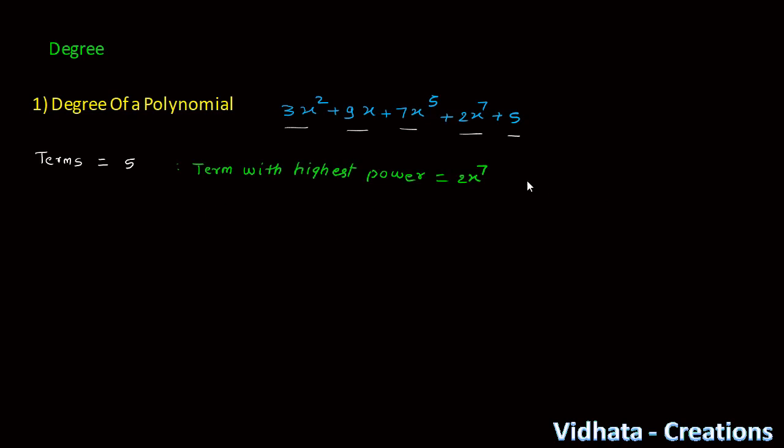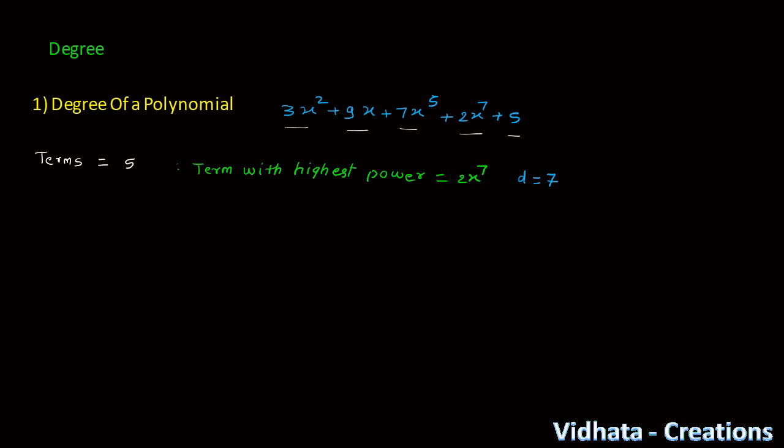Therefore, the degree of this polynomial is 7. We denote degree by the letter D. Hence, the degree of this polynomial is 7. Thus, in finding the degree of a polynomial, we simply have to see the highest power of the variable present in that given polynomial.